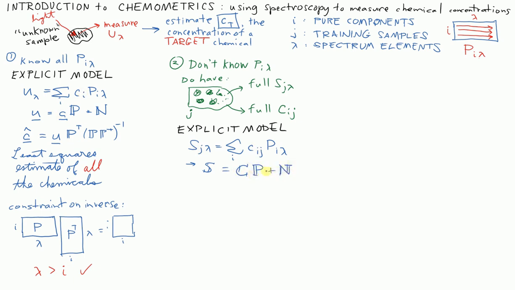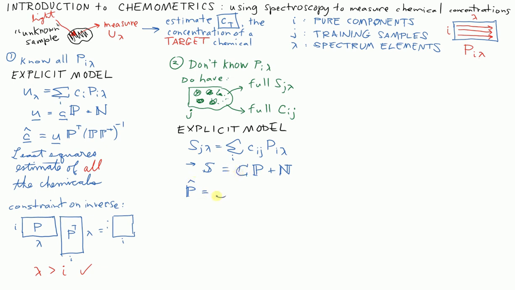Now, you can solve this equation by least squares the same way we solved this equation over here. But we have a different thing we're solving for. We're now solving for P. That's what we don't know. So the solution, the estimated pure component matrix P hat, you get that by multiplying this C matrix by a C transpose on the left, and then multiplying that matrix by its inverse.